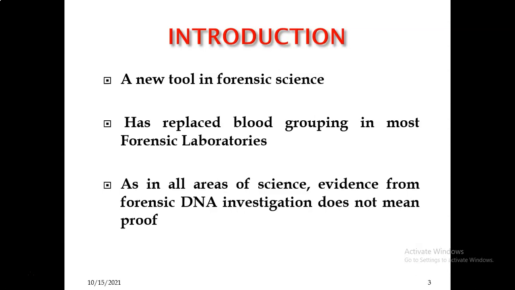But in forensic science, what we can say is that the sample taken from the suspect matches with the sample that was taken from the crime scene. Whether the person committed the crime or not, that is up to the court of law to determine.